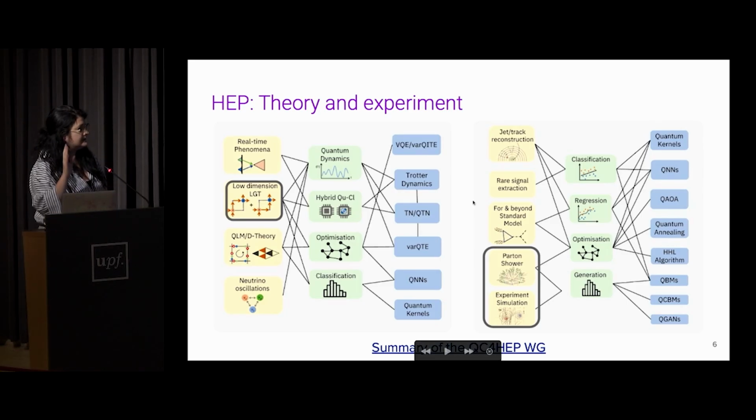So this is a very nice depiction of all the tasks that we try to achieve. We try to find applications of quantum computing in high energy physics, analog or digital. And you can find the link here, a nice summary. But I just want you to see that there is a very clear separation between theorists and experimentalists in particle physics.